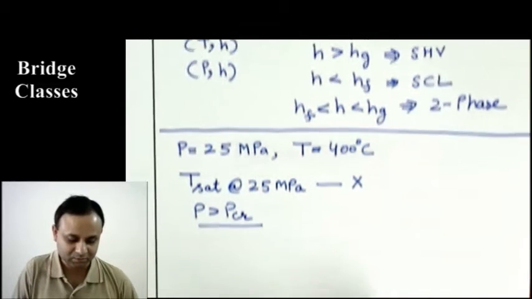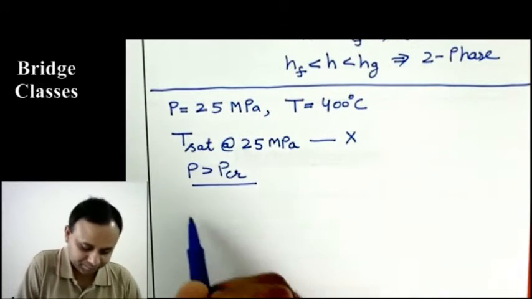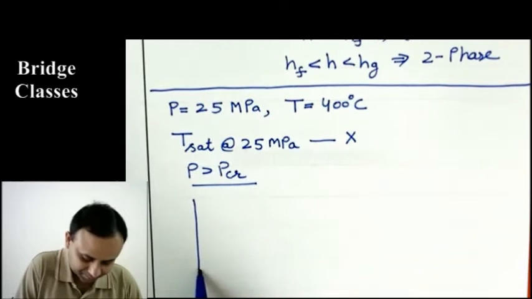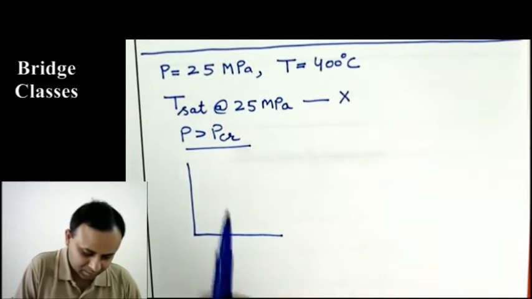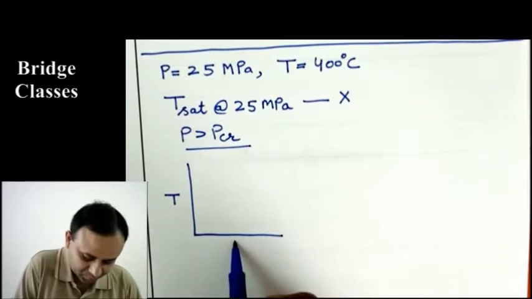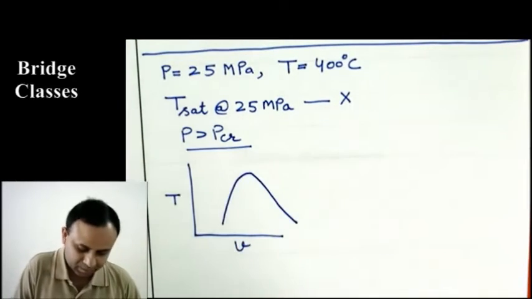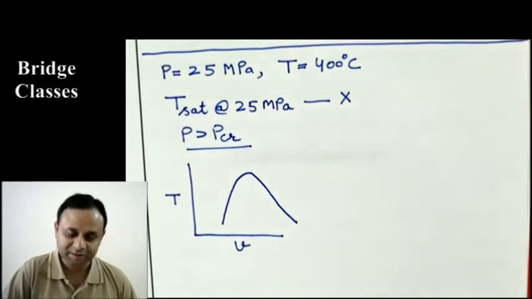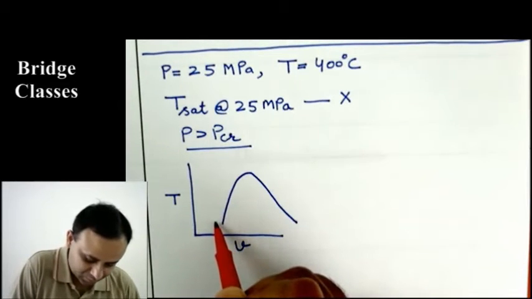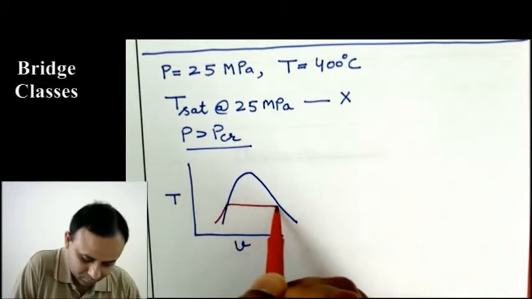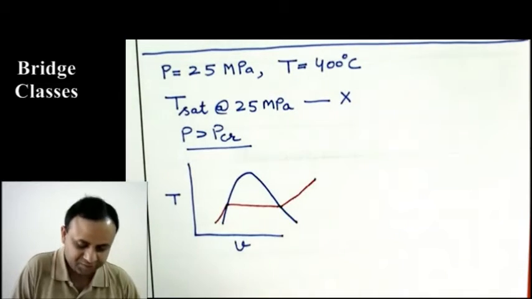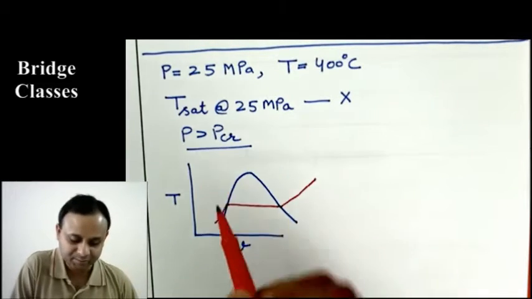So the convention is, let me first draw a diagram. Let's say we take temperature volume diagram. This is vapor dome, and the constant pressure curves on this diagram are like this. So this is for a pressure that is less than critical pressure.